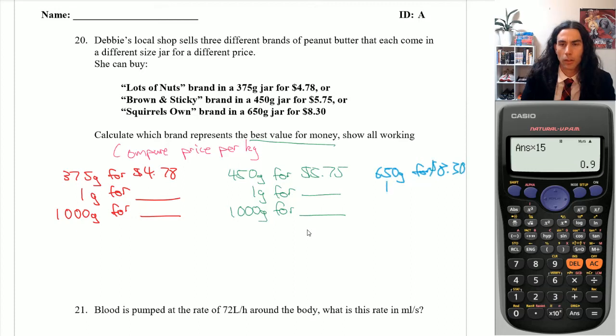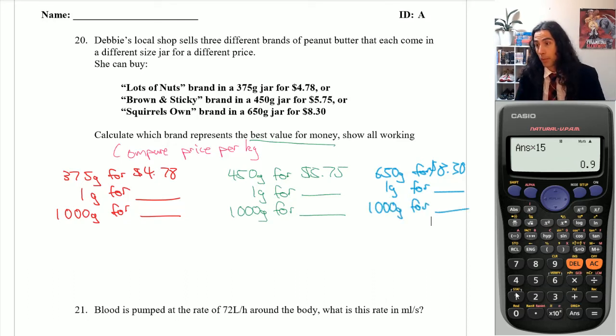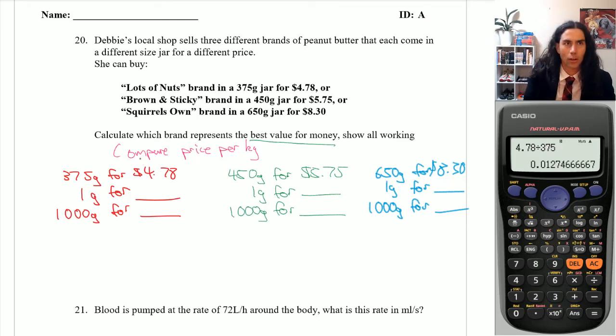So 1 gram. And I'm not doing this in my head, no way. 4.78. Whenever I say that, part of me wants to do it, but not this time. So it's that crazy amount for the first one. I'll put all the answers in green, yellow, pink, orange.